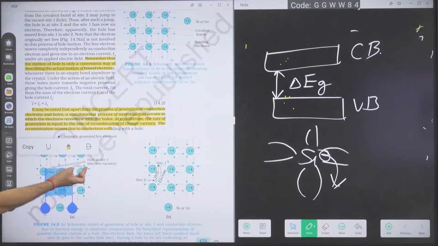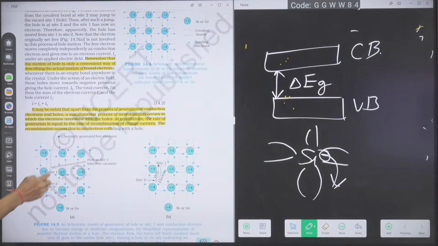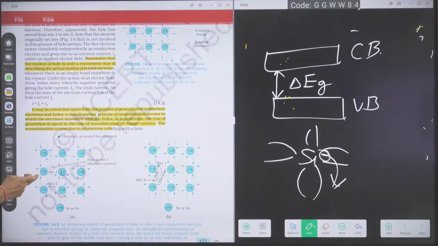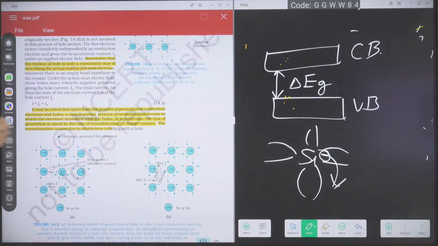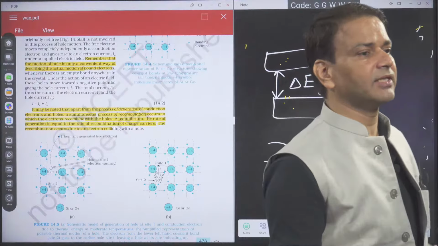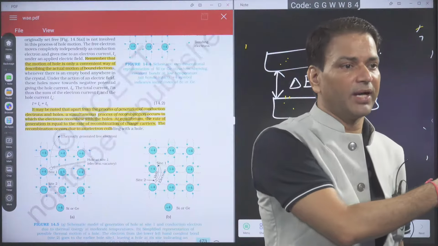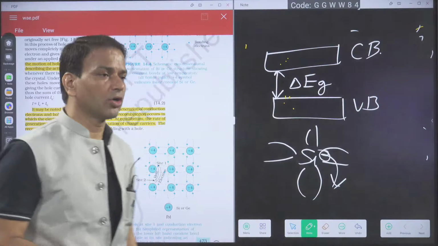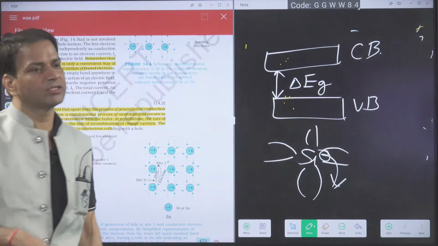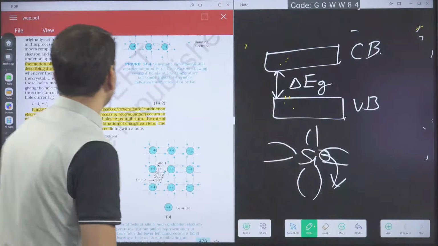Now from this covalent bond, an electron jumps from here to here. So then I will say hole goes from this side to this side. So electron moves to the left, hole moves to the right, which is opposite to the electron. So we can say the hole is a positive charge, moving in the valence band. Everybody got it or not? When we are saying the hole is moving, basically the electron is moving in the opposite direction.